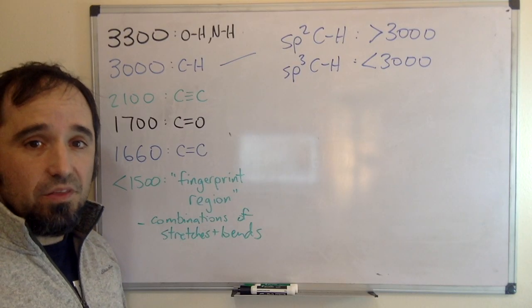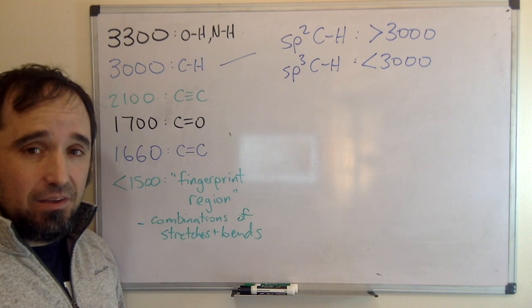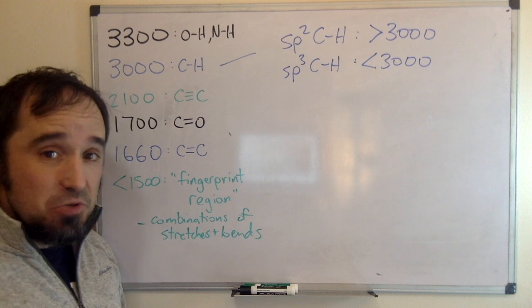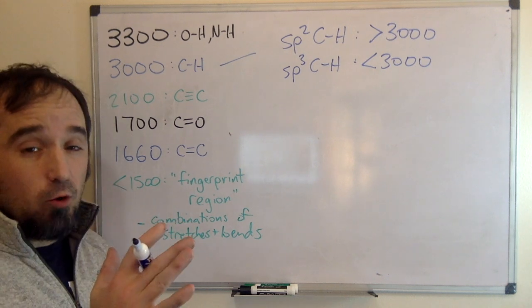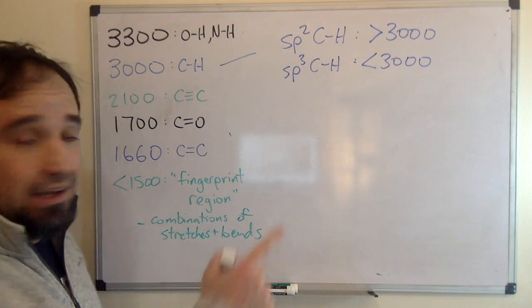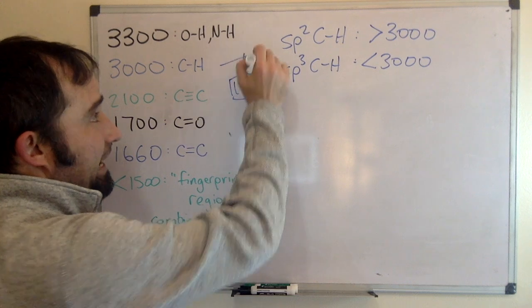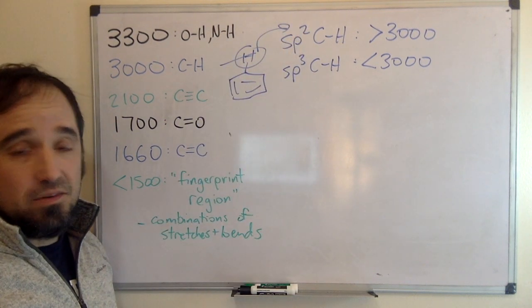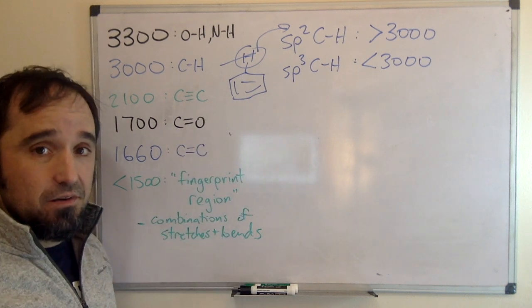As an easy rule of thumb for CH stretches, 3000 is a really useful dividing line. It just so happens that sp2 CHs are usually right above that line and sp3 CHs are right below that line. So again, an sp2 CH would be like on a benzene ring. Hydrogens like that would be slightly over 3000. Simple methyl, ethyl, etc. would be slightly under 3000.